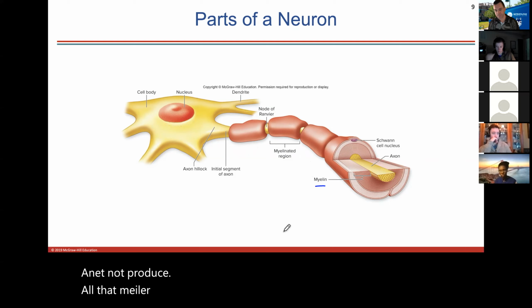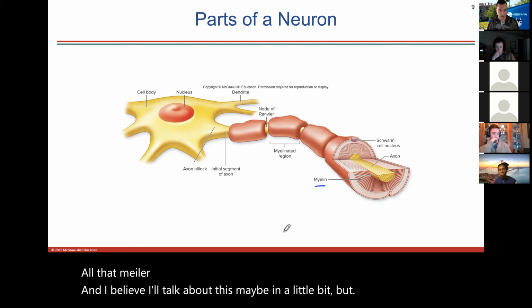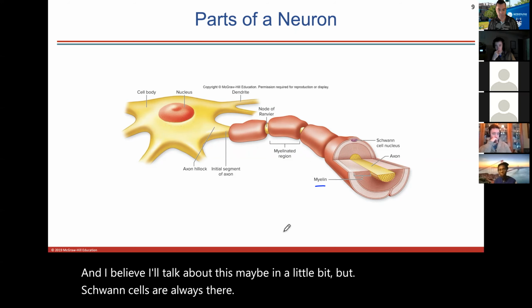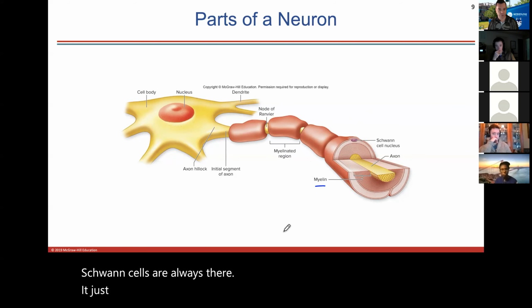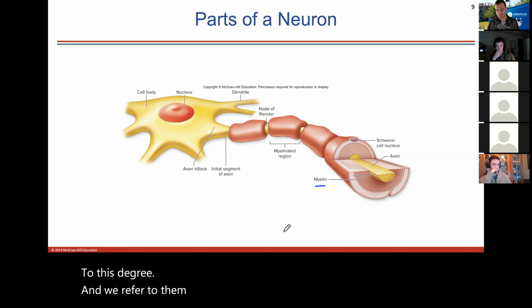Okay? And I believe I'll talk about this maybe in a little bit, but Schwann cells are always there. It's just some of them don't produce myelin to this degree, and we refer to them as unmyelinated. Question?